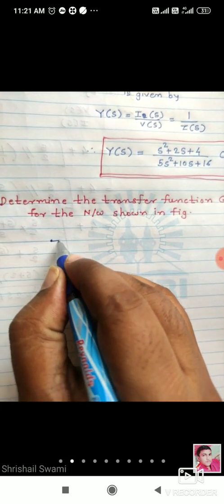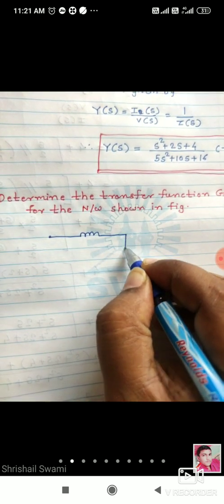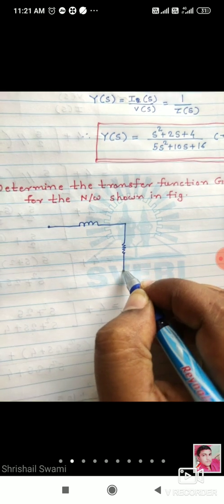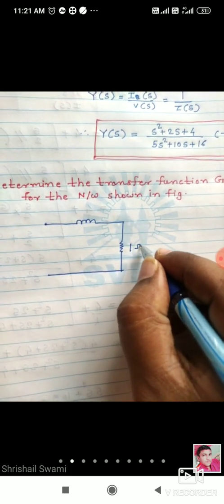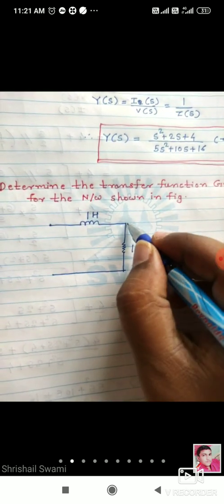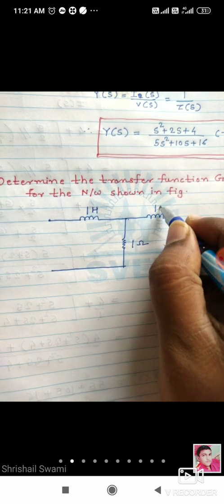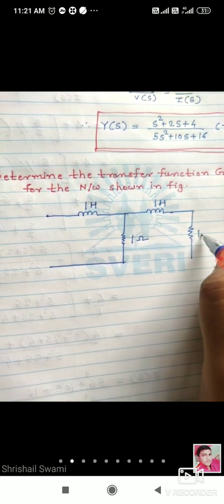So what is the network they have given? First of all, we can draw the question itself in the diagram. What they mention we can properly observe, and after that we are going to start. So 1 H, 1 ohm, this is again 1 Henry, and this is 1 ohm.